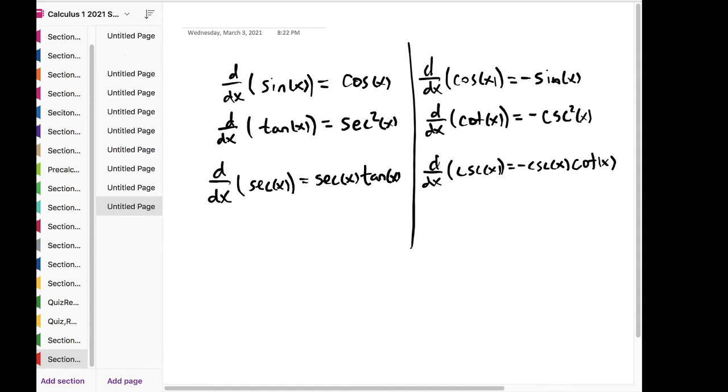So notice that the derivative of a cofunction always has a negative, and it deals somehow with sine, right? The derivative of cosine is negative sine. Cosecant is 1 over sine.